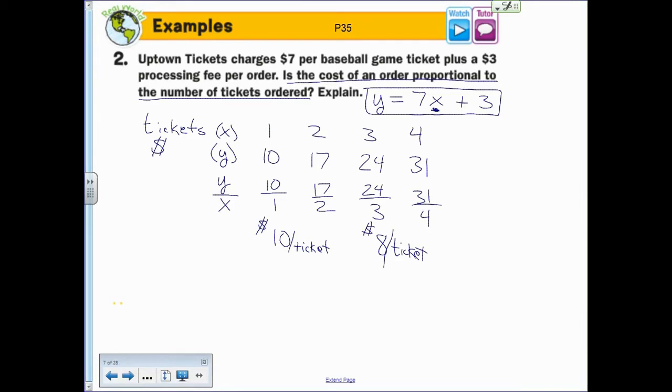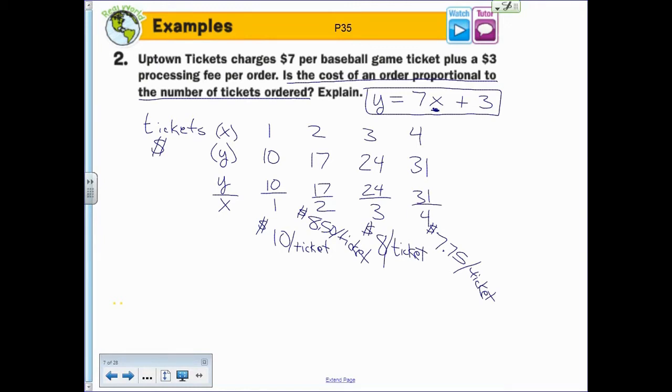It doesn't matter what 17 divided by 2 is, even though that is $8.50 per ticket. It doesn't matter what 31 divided by 4 is, even though that comes out to be $7.75 per ticket, if I did my math right. 28, 3 left over, 3/4 is 75 cents, yes.